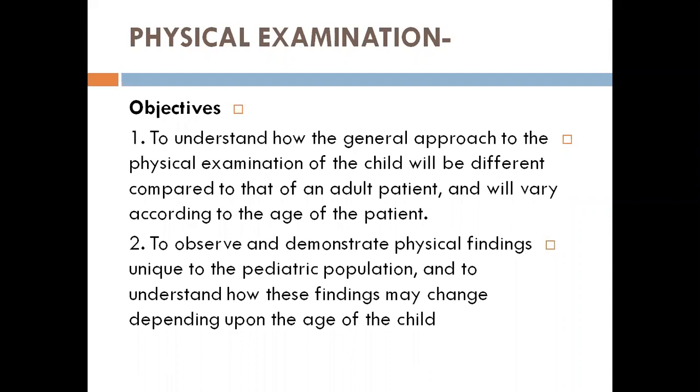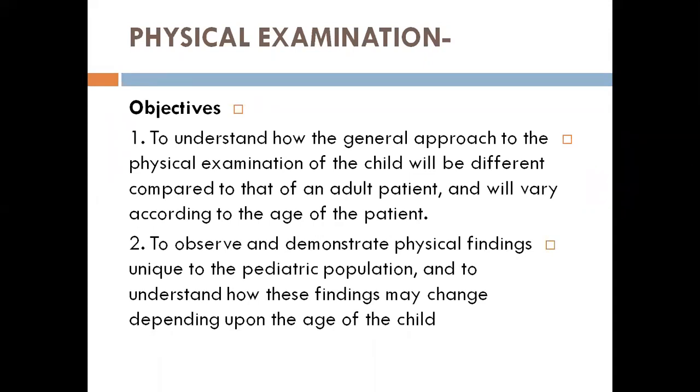السلام لكم ولعوائلكم. Today we are going to talk about physical examination, general physical examination of pediatric age group. What are our objectives? To understand how the general approach to the physical examination of the child will be different compared to that of an adult patient, and will vary according to the age of the patient.